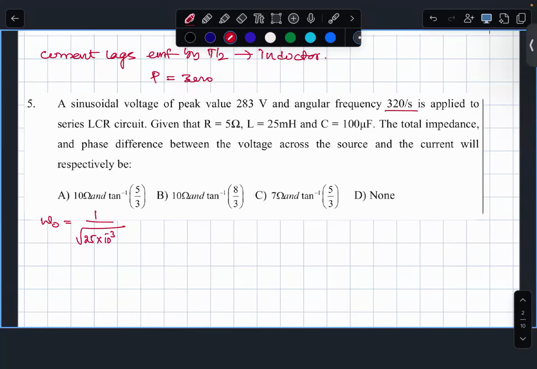25 milli, 100 pico micro. So what are you getting here? 10 power minus 3.